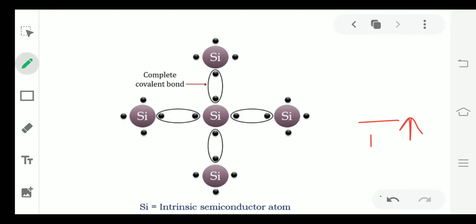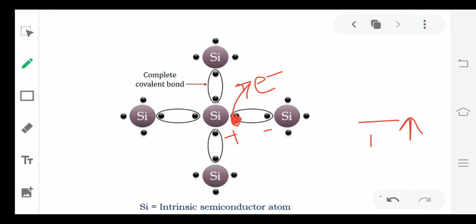I'll repeat once again. When we increase the temperature, an electron breaks the bond and comes out into free space. So this becomes a free electron, and conduction takes place by this electron, and a vacant place, or a hole, is created here, and this hole carries a plus charge.